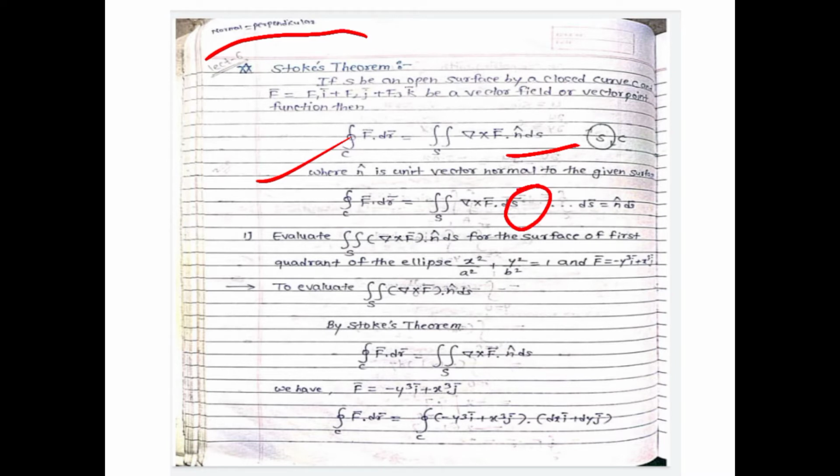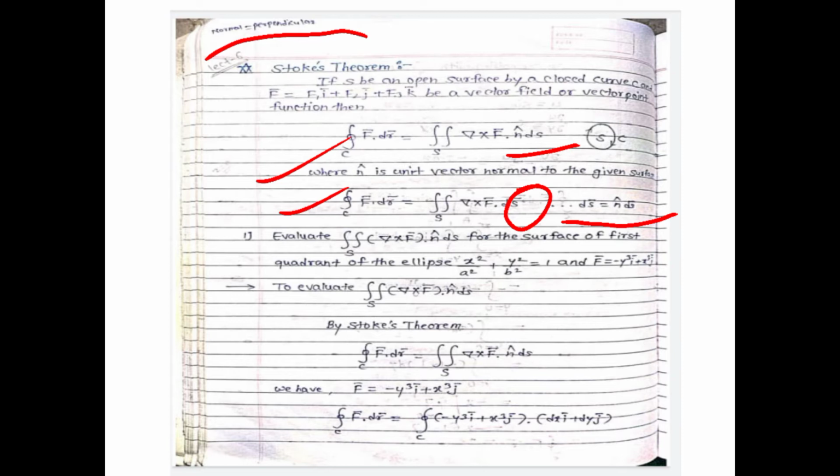So this formula can be modified in this format, and instead of n cap ds we write ds bar. So if in the question it is given in the form del cross F bar dot ds bar, then similarly you have to go with Stokes theorem only. Okay, so let us move towards the first question.